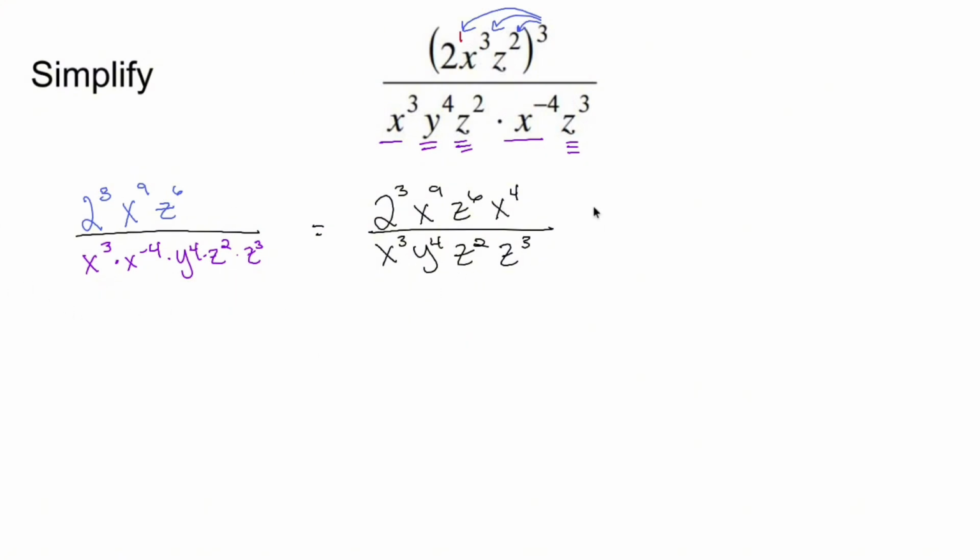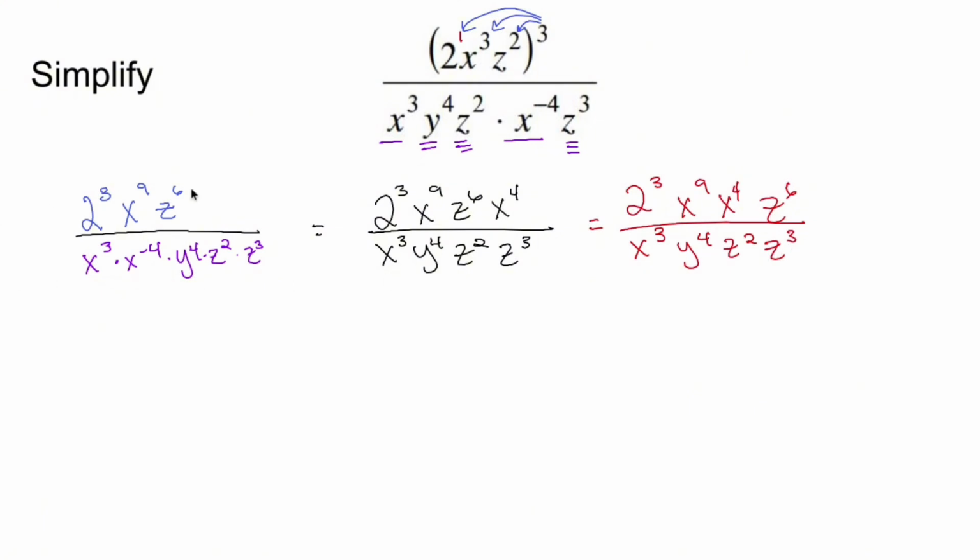Now if you want to, you can rewrite this so that things are next to each other. So I notice that I have an x to the ninth and an x to the fourth. Why not scooch those next to each other? Because why not? Leave the z to the sixth there off to the side where it belongs. I have x to the third, y to the fourth, z to the second, z to the third.